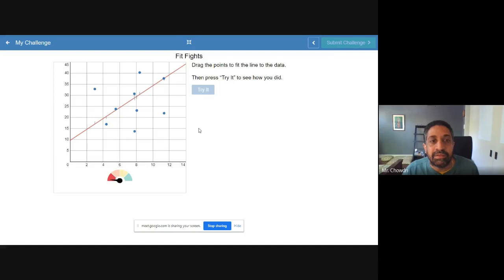So you have to figure out where the line is for the scatter plot that you did. So one hint, don't make a scatter plot that's kind of all over the place like I did. Make one that follows a trend. That way it's easier to figure out a line.